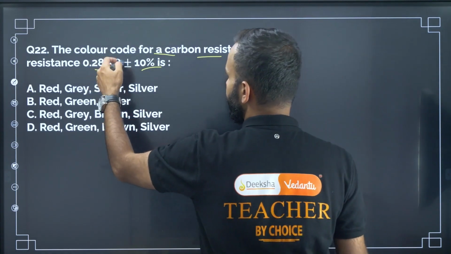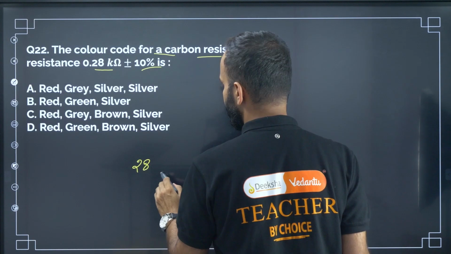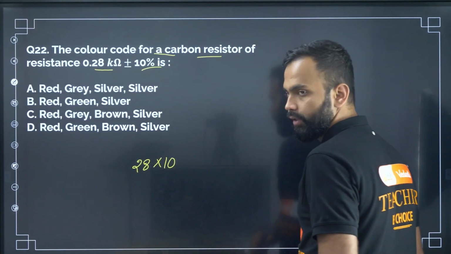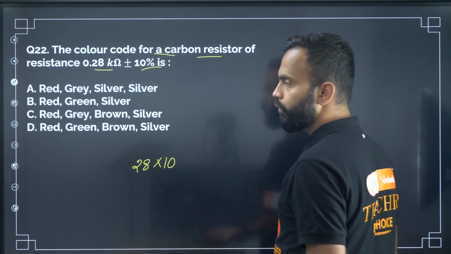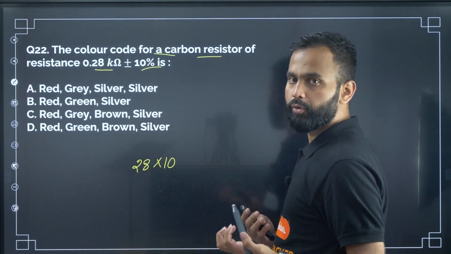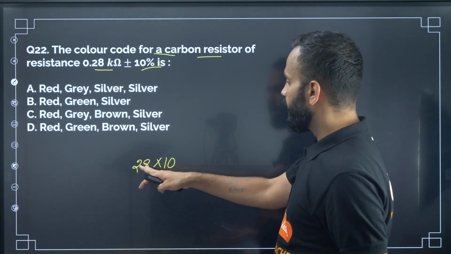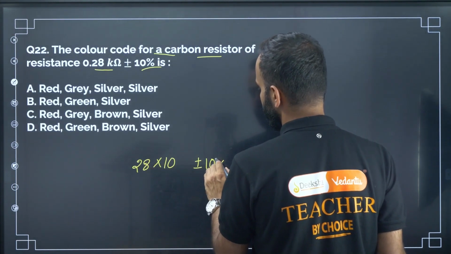So here I can write 0.28 kilo ohm as 28 into 10. 0.28 kilo is 0.28 into 10 to the power 3, which is 280. 280 I can write as 28 into 10. Here plus or minus 10% tolerance.